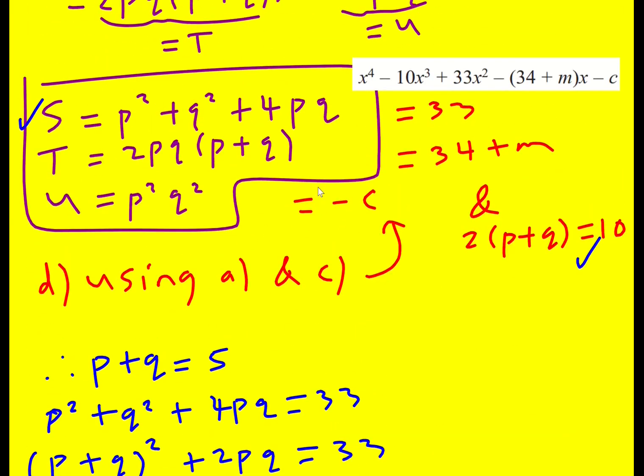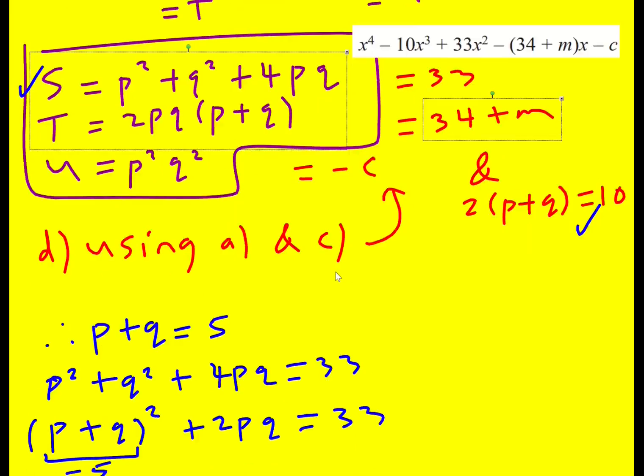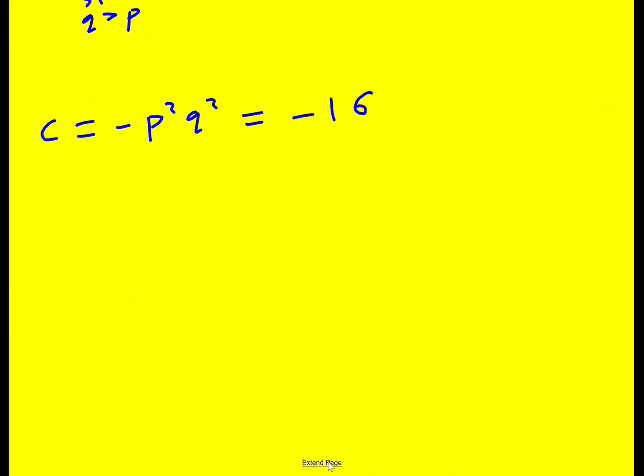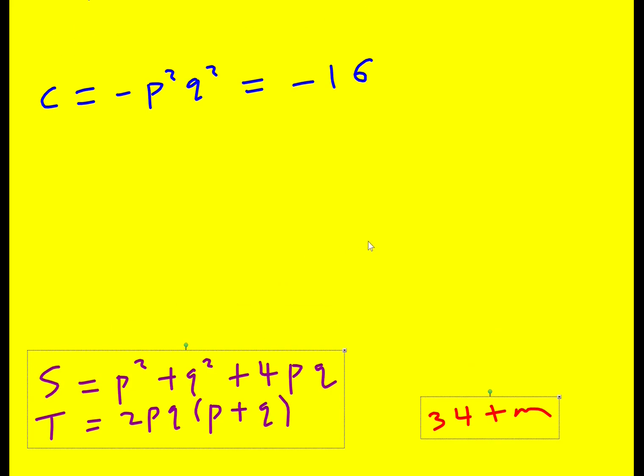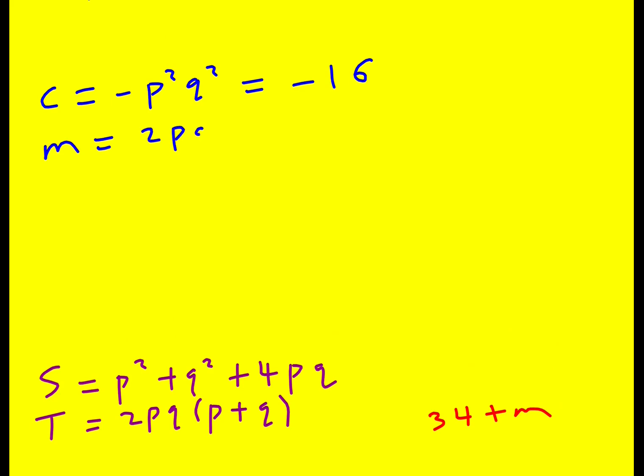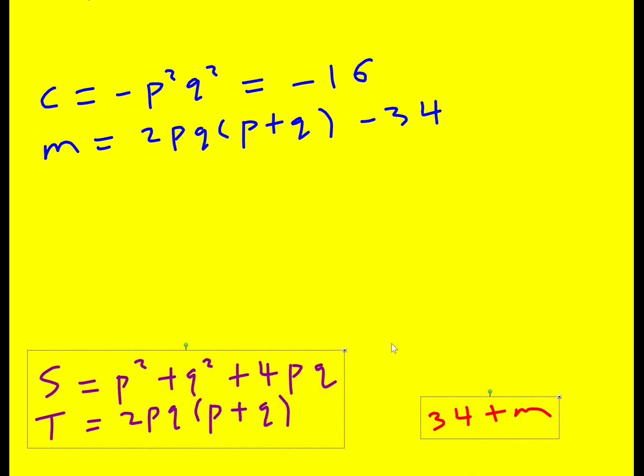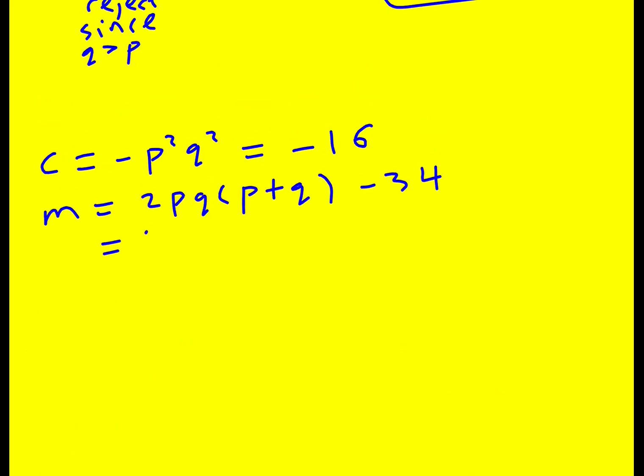And then finally, we've got this bit here, this 2PQ times P plus Q is equal to 34 plus M. Therefore, M is going to be 2PQ times P plus Q minus 34, which is 2 times 4 times 5, which is 40 minus 34, and hence we get 6.